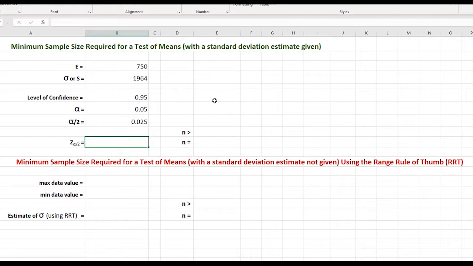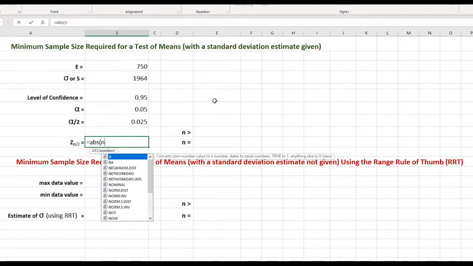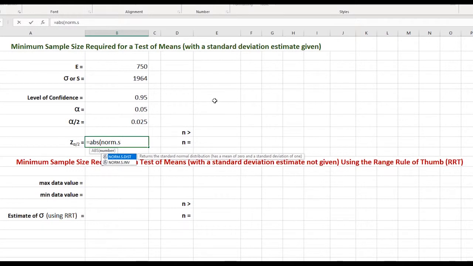For confidence intervals, we always just use the positive one, which means I'm going to nest the norm.s.inv inside of an absolute value: equals absolute value of norm.s.inv of alpha over 2. I close the norm.s.inv parenthesis, and remember that whole thing about it being red, so I'm just closing that one. And now I'm closing the absolute value one, and I am pressing enter.